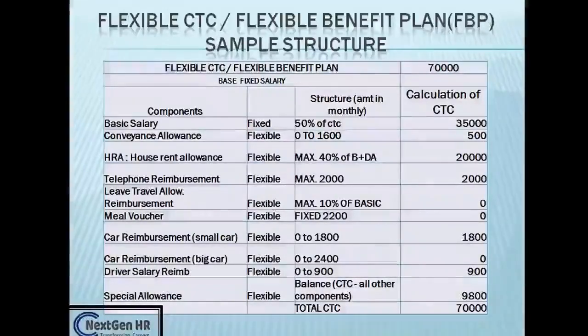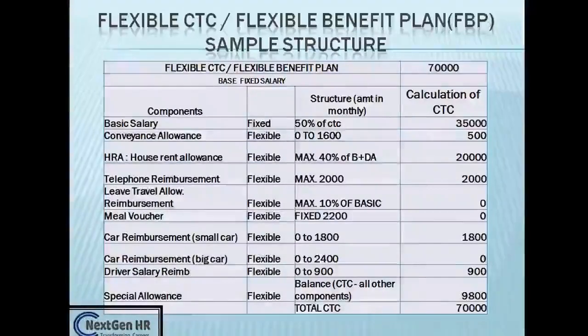But if you go as per the new wage code 2019 in India, then it would be based on minimum 50% of CTC. So talking about the other components, there are various allowances and reimbursements available for the employee, and using these the employee can save the tax. So that is the main advantage or use of having flexible benefit plan.